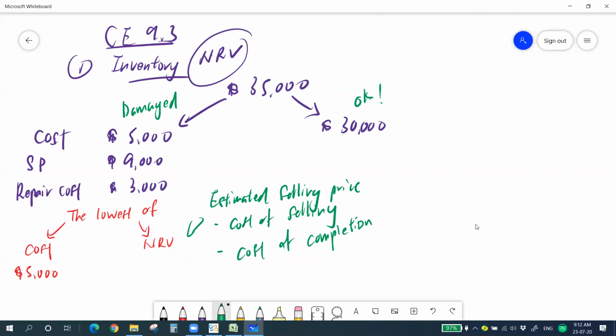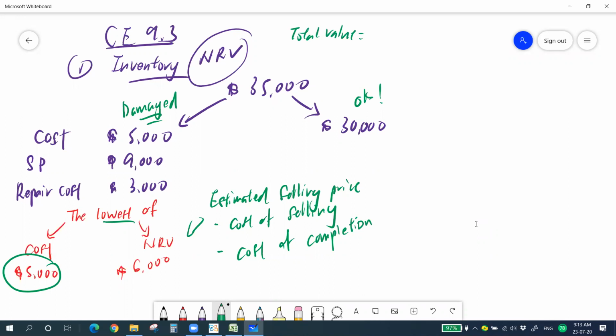All right, your NRV is 6,000. So from here, we know that we have to choose the lowest of the two, right? So 5,000 is selected as the value for this damaged product. So what is the total value?